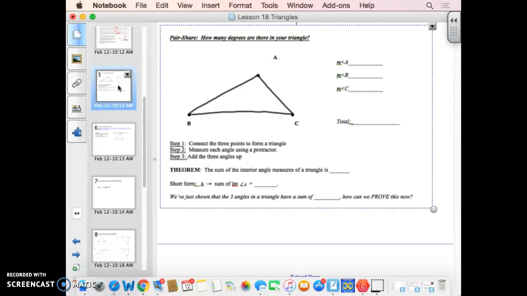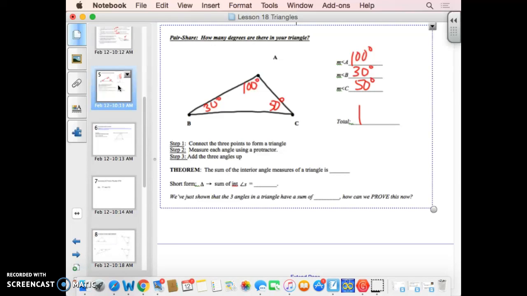Okay, welcome back. What you should have noticed is that angle A, I got 100 degrees. And please note that I like to label my angles in the actual triangle. Here at angle B, I got 30 degrees. And this one here is 50 degrees. If yours is close, it's not going to be exact, depending on your measuring skills.